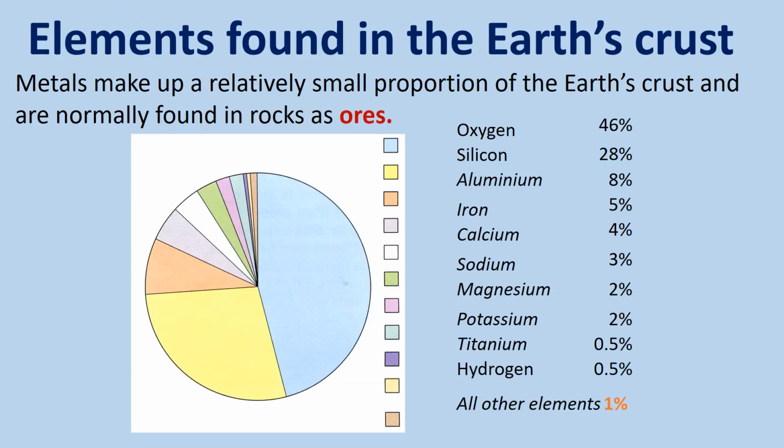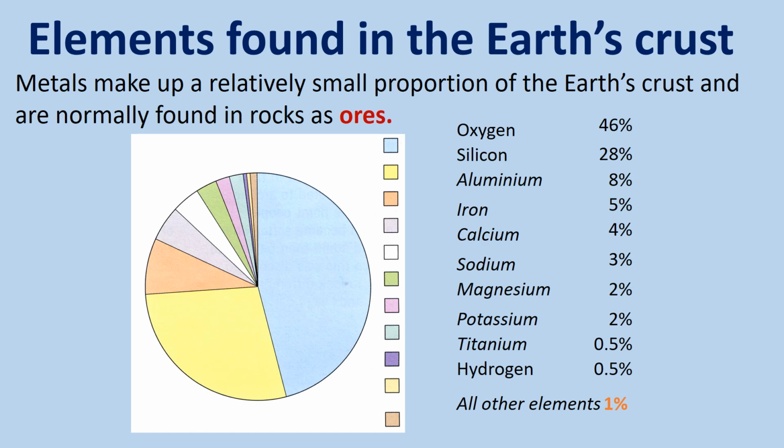So we've looked at some trickier stuff. We've looked at displacement reactions. We've looked at them as redox reactions in terms of loss and gain of oxygen and loss and gain of electrons. And now we need to start to think about extracting metals. Metals make up a relatively small proportion of the Earth's crust and are normally found in rocks as ores. A rock with a high metal content is called an ore.